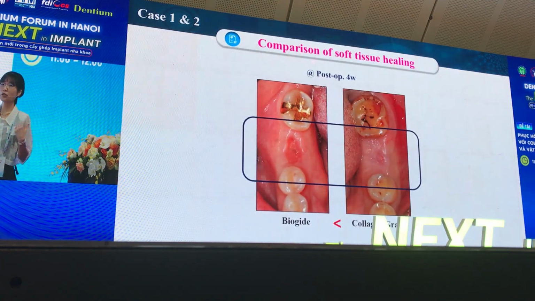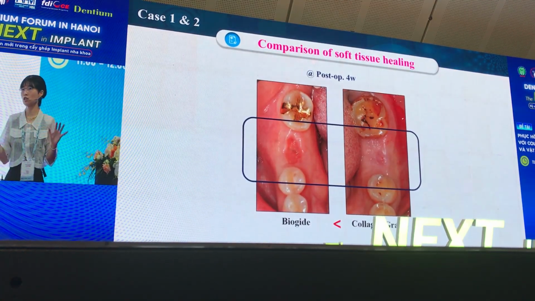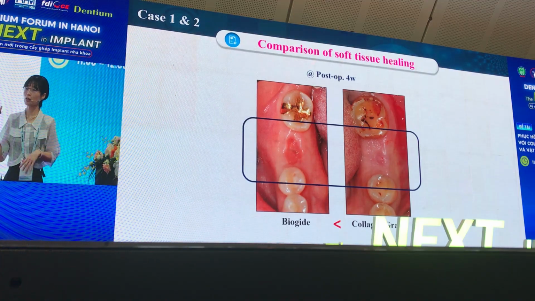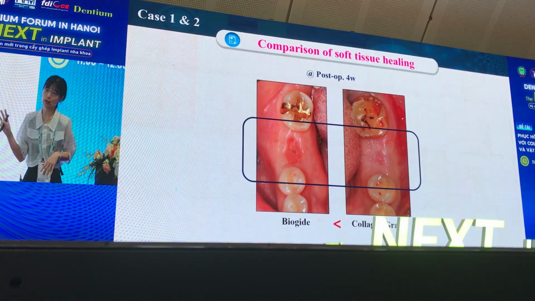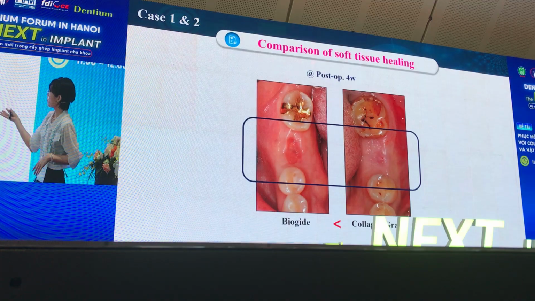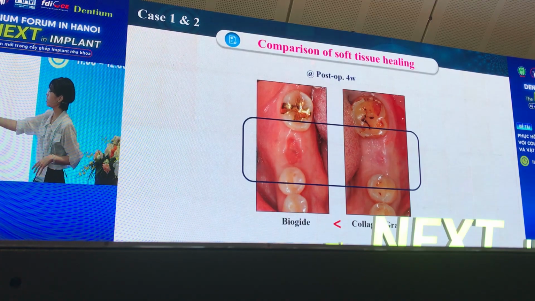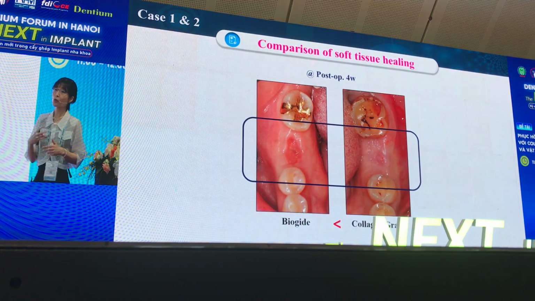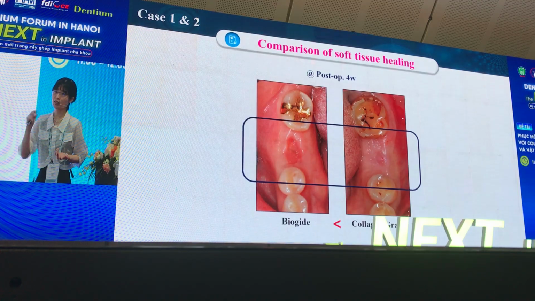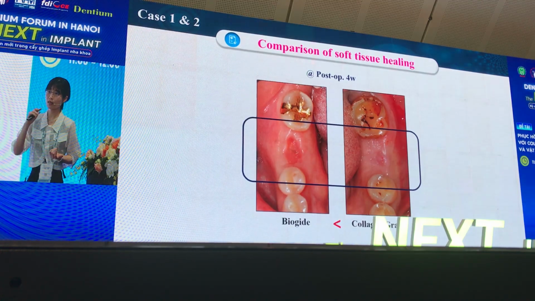But I could see the big difference after 4 weeks of the surgery. Can you see that? When I used the BioBite, the gingiva was well healed, but the thickness is very thin, right?